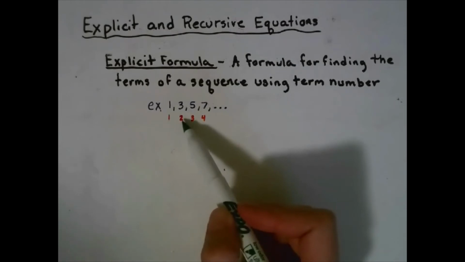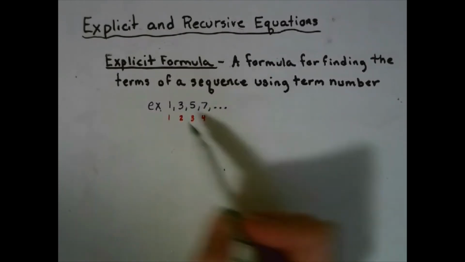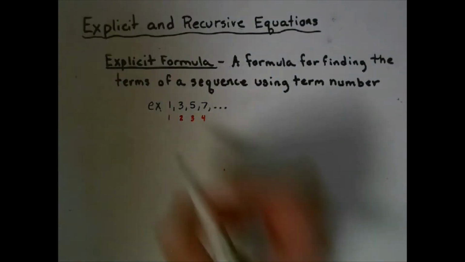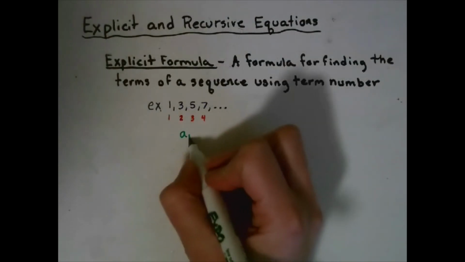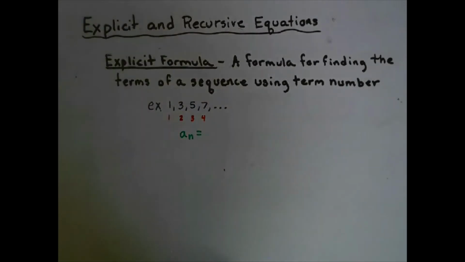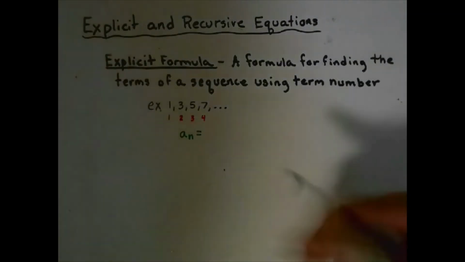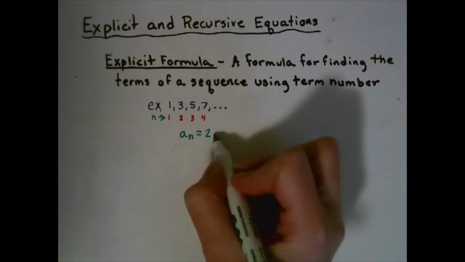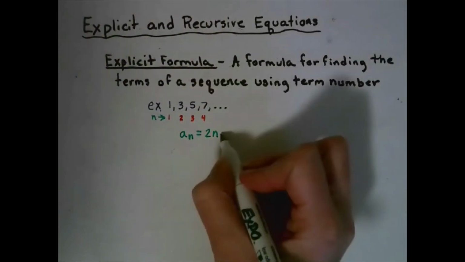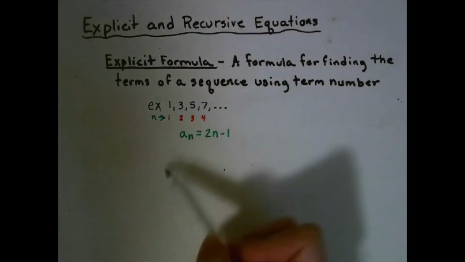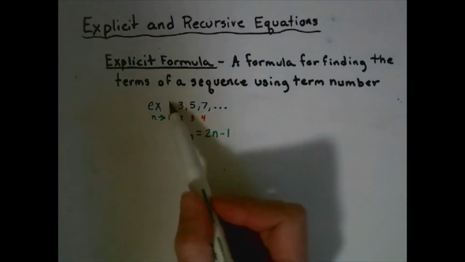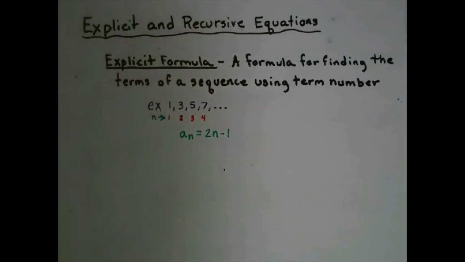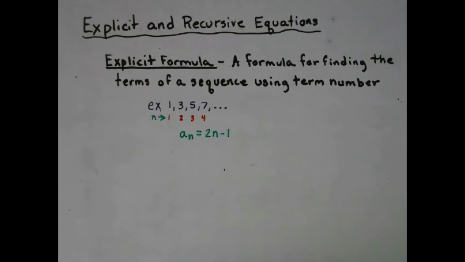If I double 2, I get 4. So these numbers are 1 less than double the term number. So my nth term, in terms of n, is going to be 2 times the term number n minus 1, because 2 times 1 minus 1 is 1, 2 times 2 minus 1 is 3, and so on.